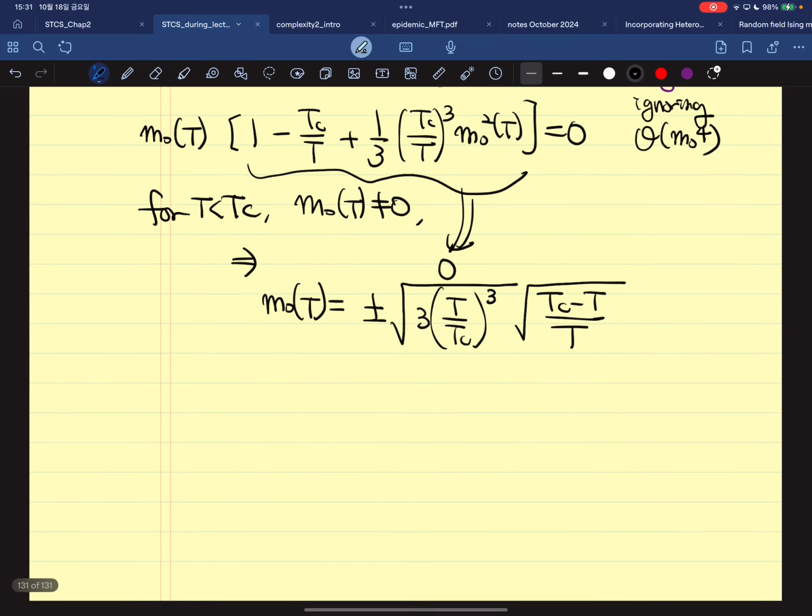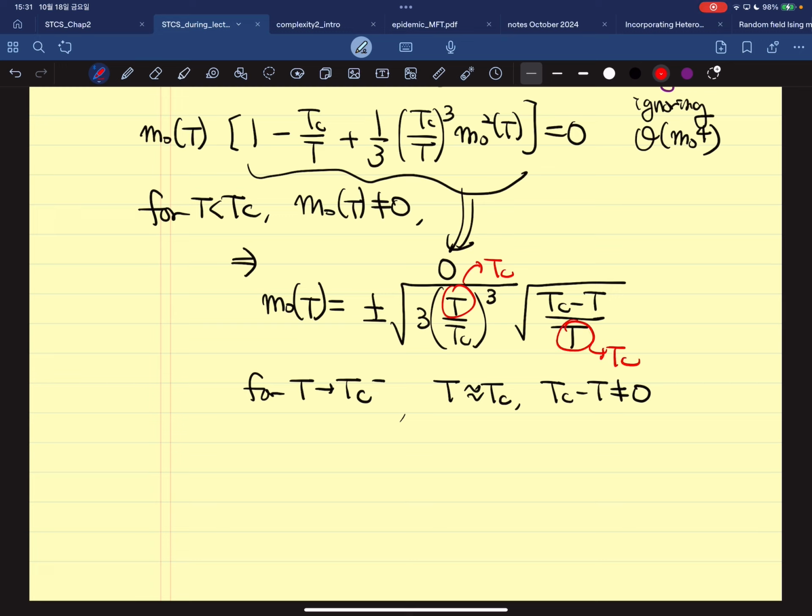And approaching Tc from below, we can consider T similar to Tc, but we will keep this term. Then we can replace this one as Tc and this one as Tc, but not this one.